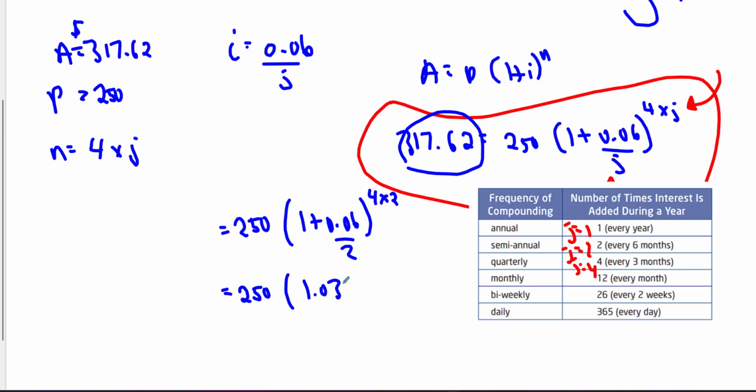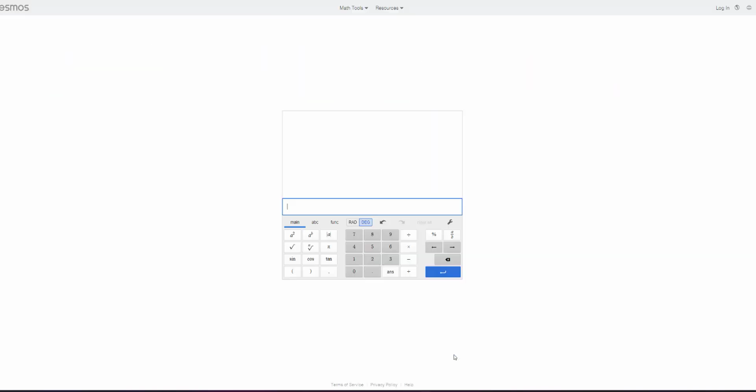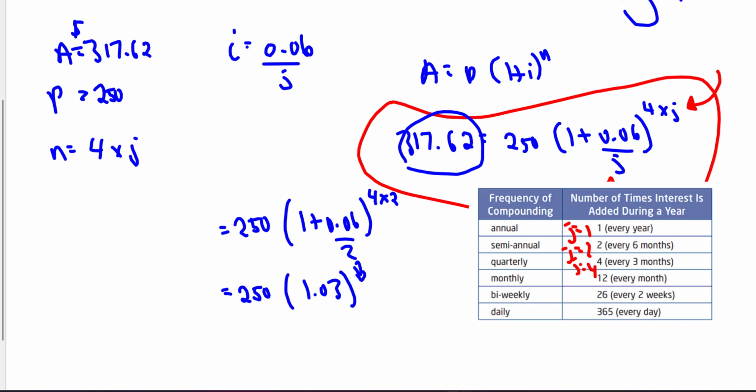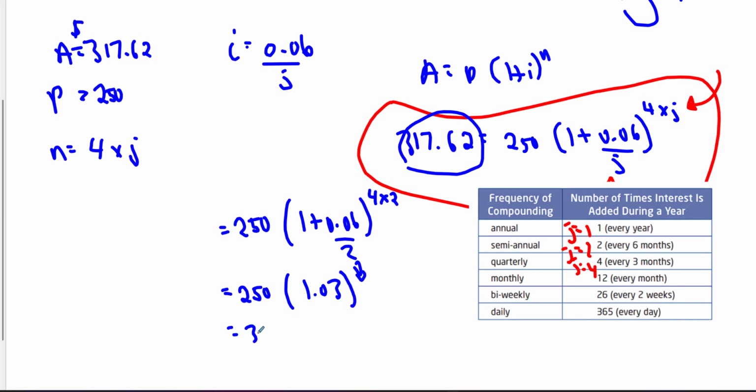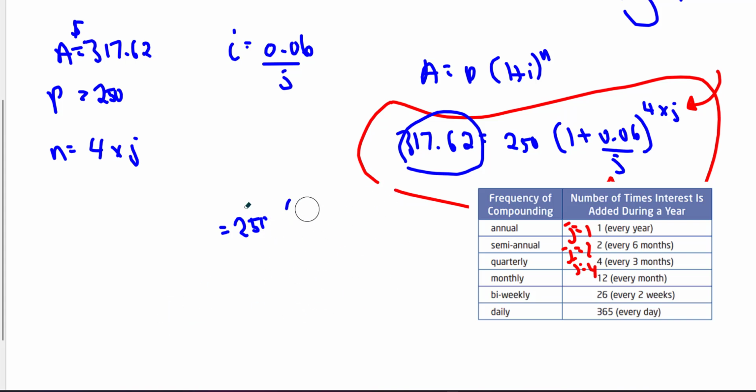So this is going to be 1.03 to the power of 8. So let's do this. 1.03 to the power of 8, and then times 250. That's 316.69. Is that our value? It's close, but we want 317.62. But we're getting closer, right? So clearly we got to keep going. J is not equal to 2.